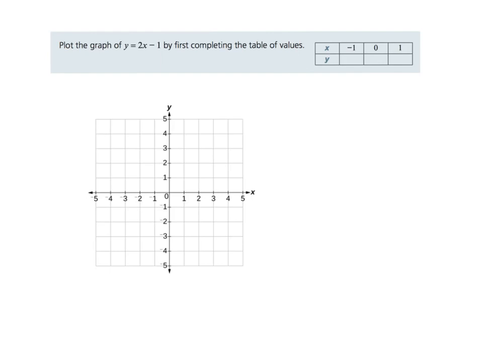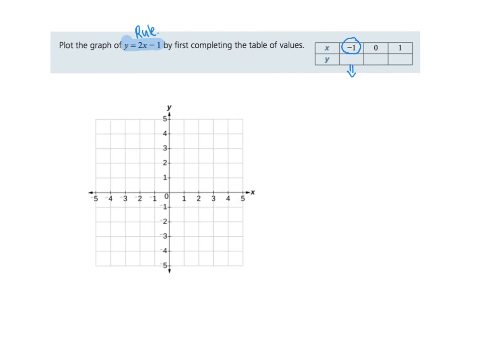When they give you a table of values, they'll give you a rule to follow. So this is the rule. To find what this one equals, the y, you're going to use that rule. Wherever you see x in the rule, you put that number there.